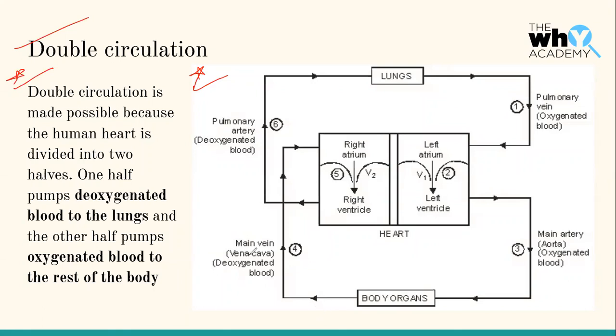Right. So what they are explaining here is the same thing: how there are two channels, or basically the connection between the heart and the lungs, and the fact that there is one cycle or one loop here and we are making another loop like this here, right? Because the blood is moving in a loop twice, it is known as double circulation.